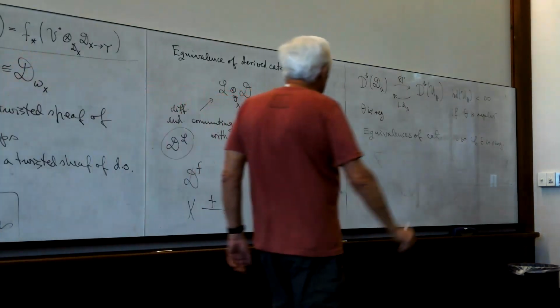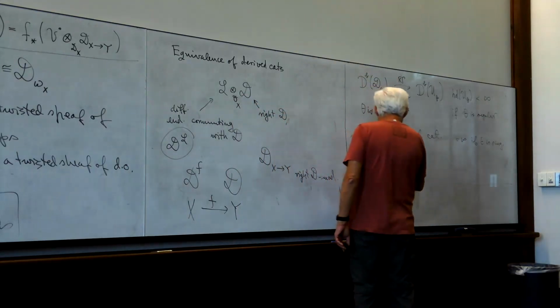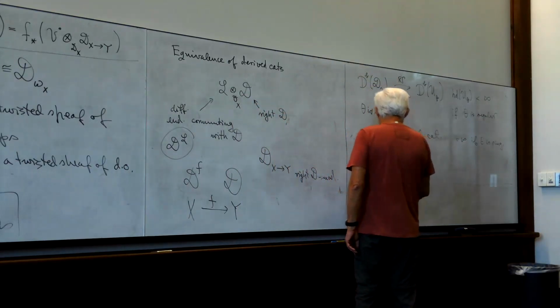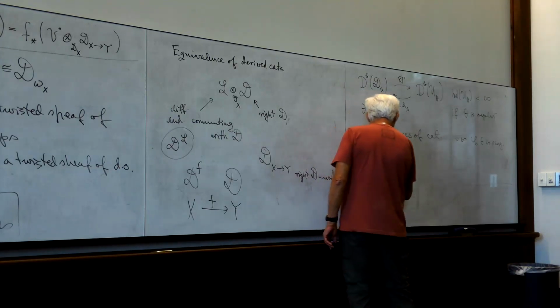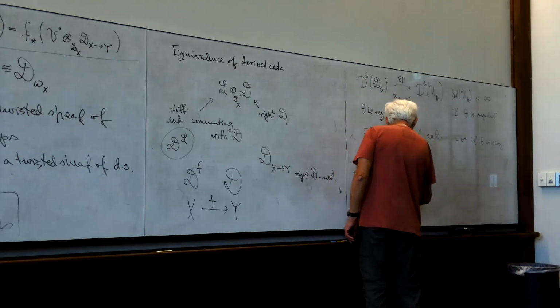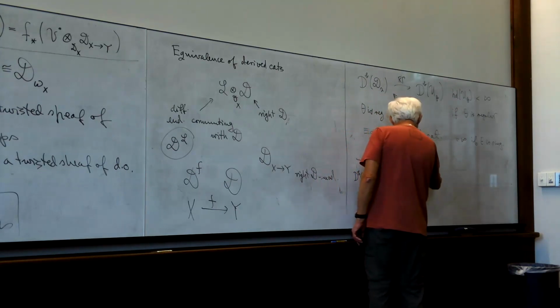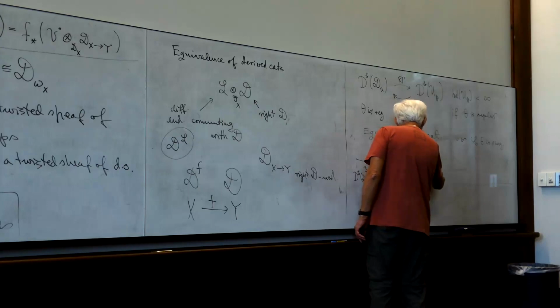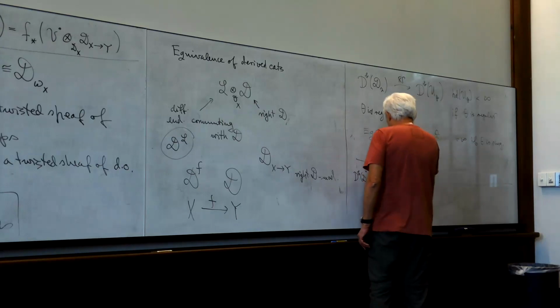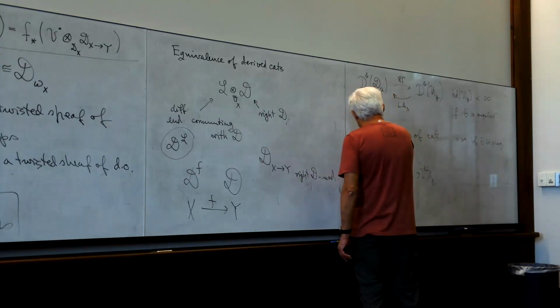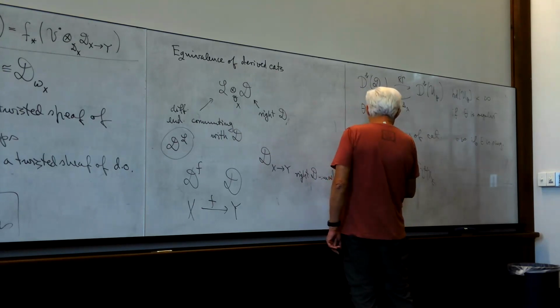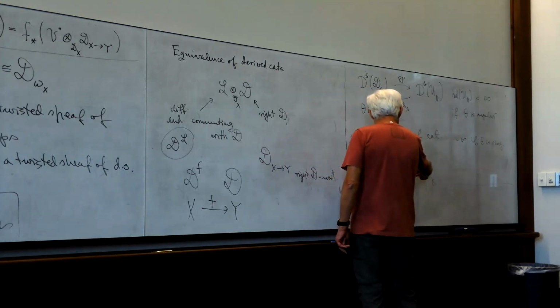Basically the equivalence of categories works on the level of the right categories. So you can always do the following. You can take a category, say D lambda, for some lambda. You can apply R gamma, and you go to DB. And then you can localize at some W lambda. And this is an equivalence of derived categories.